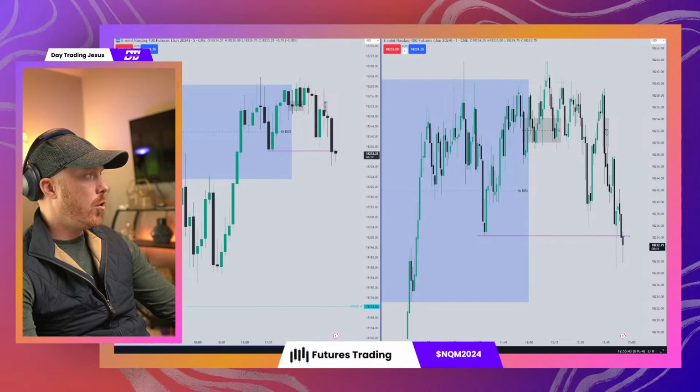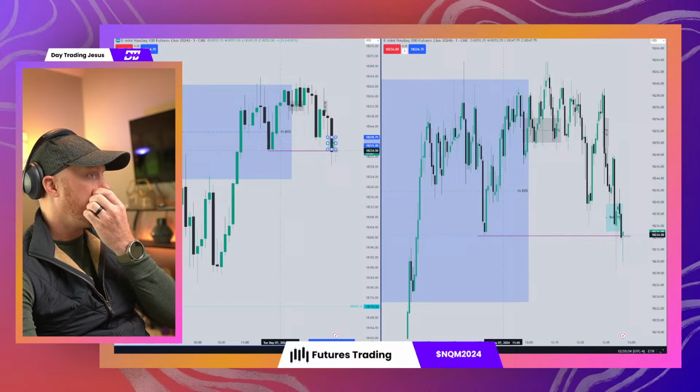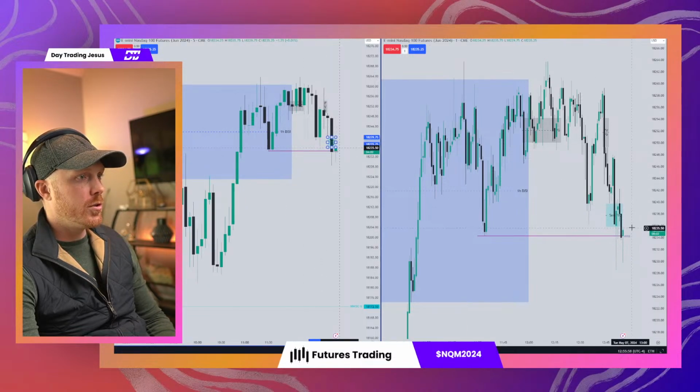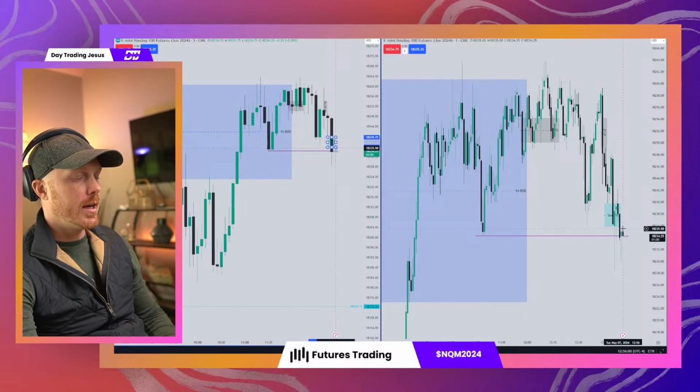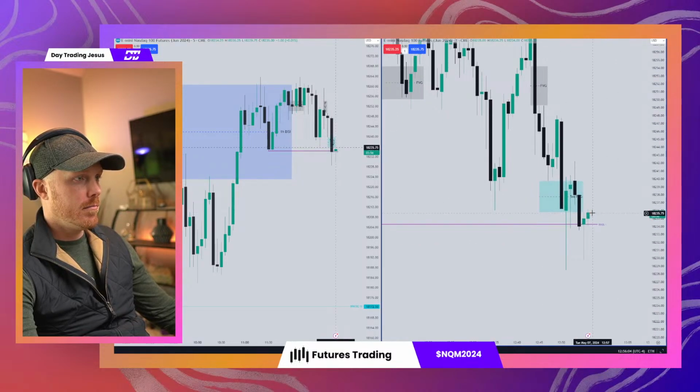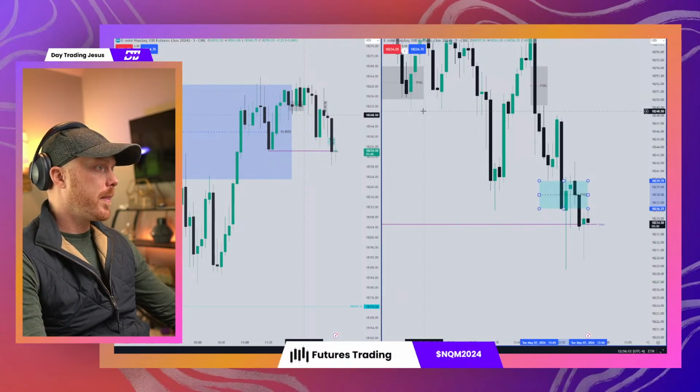If we can have an overlapping fair value gap, that makes things very attractive for me. So ideally, what I would like to see is this 5-minute fair value gap stay open. I do not want price to go any higher, as we can see right here, and it's moving a little bit, but I want this to stay open, this whole area. I want it to break lower without me.